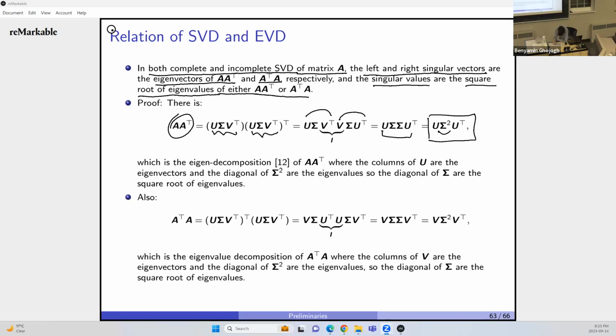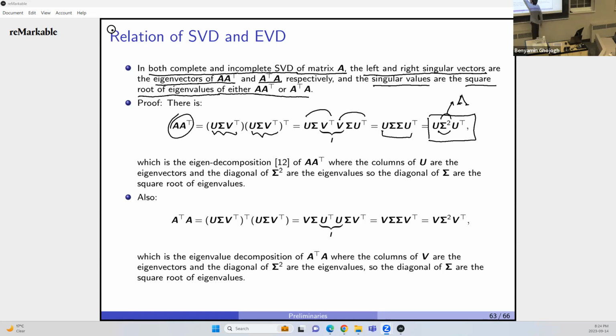What is this? Assume sigma squared, rename it to whatever, something like B, C, D, whatever. U D U transpose. What is that? This is eigenvalue decomposition. Right? Rather than sigma squared, put lambda. Just a few slides ago, we talked about eigenvalue decomposition.